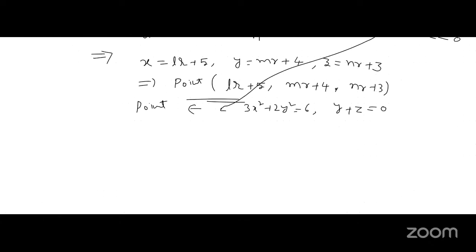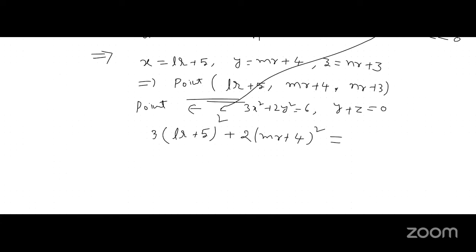From the last problem, we eliminated the easy things. Now see, 3 into (lr plus 5) whole square plus 2 into (mr plus 4) whole square equals 6.